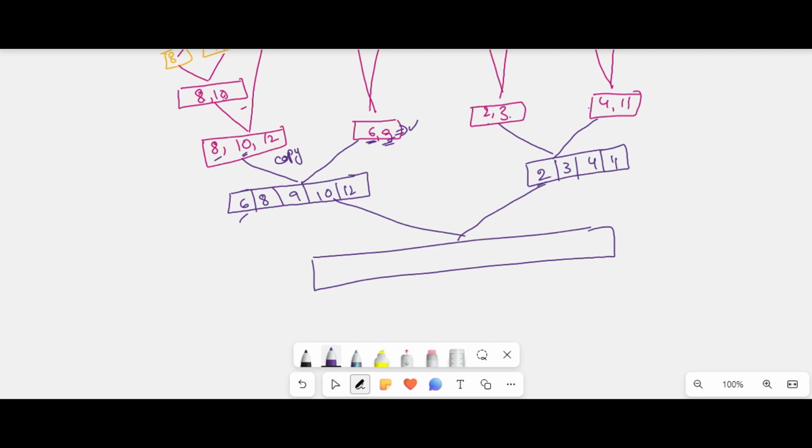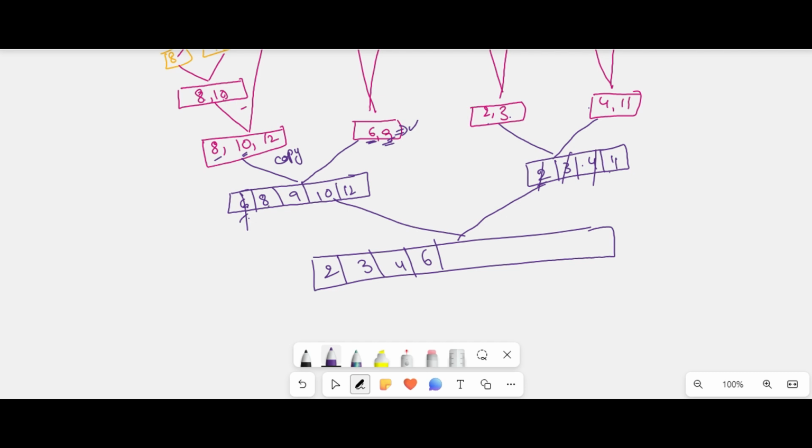6 and 2 are compared, 2 is small, so it is added. Next 6 and 3 are compared, 3 is less, so 3 is added. Next 6 and 4 are compared, 4 is less, so 4 is added. 6 and 11, 6 is less, so 6 is added.